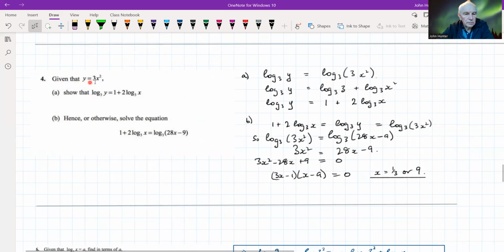Given that y equals 3x squared, show that log base 3 of y equals 1 plus 2 log base 3 of x. So the first thing we're going to do is take the log base 3 of each side. We've got a hint there, really, haven't we? We've got y there, so we need to do that.